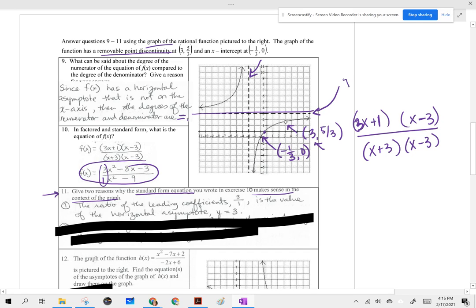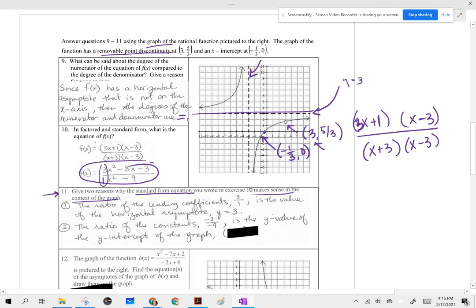And according to the graph, that is correct. Number 2, the ratio of the constants, -3 over -9, is the y value of the y-intercept of the graph, which is going to be 1/3. Okay, which is right there, the y-intercept right here.